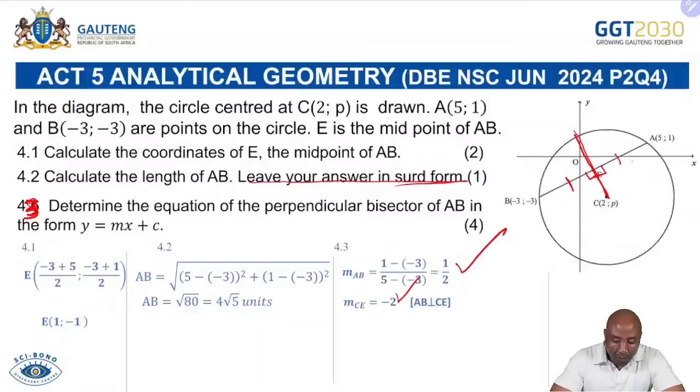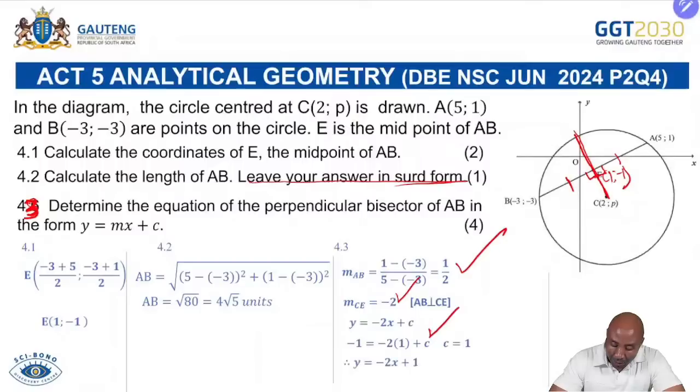From there, we use the coordinates of point E, which are (1, -1). We substitute into our equation of the straight line, and we get the equation as y equals -2x plus 1. We get our 4 marks there.